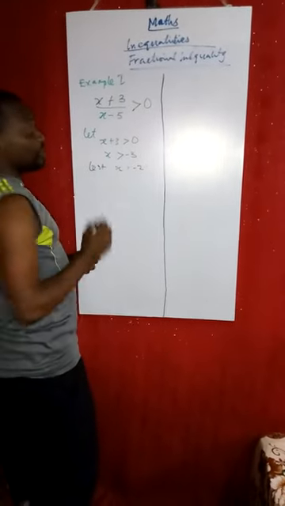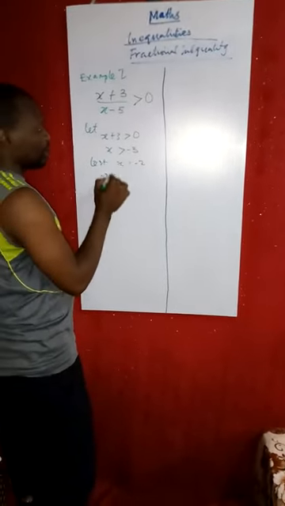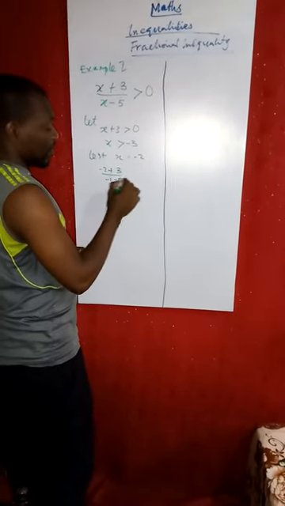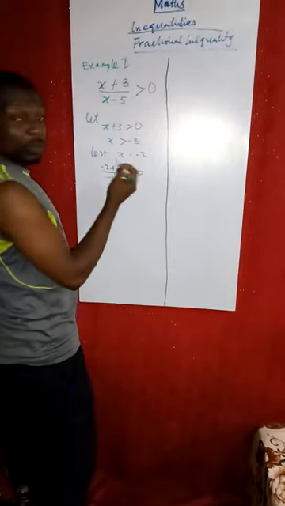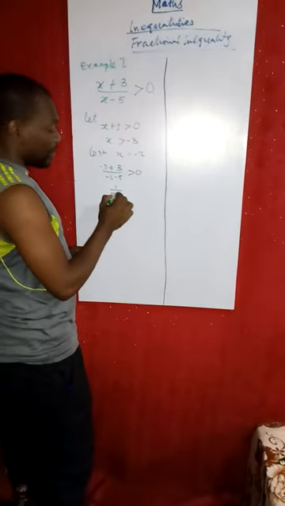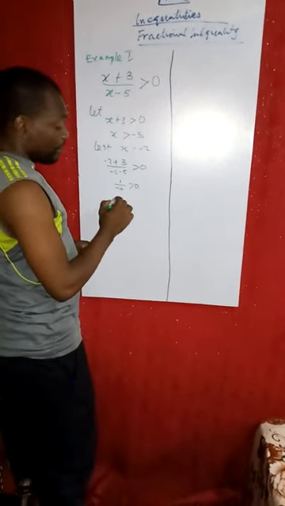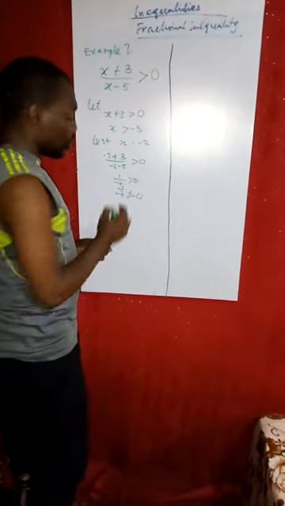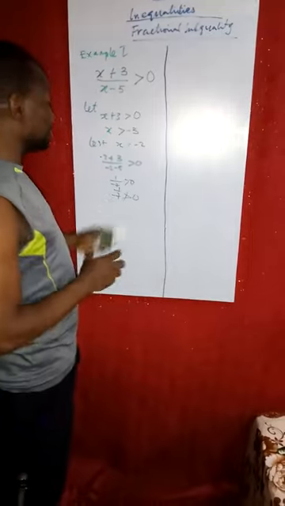So if we test x to be -2, that means (-2 + 3)/(-2 - 5). So -2 + 3 will give us 1 over -7. 1 over -7 is not greater than 0.